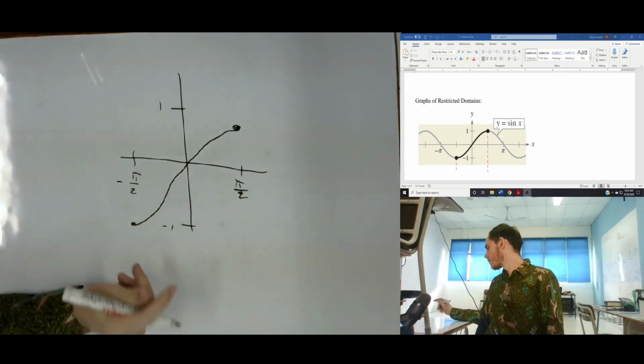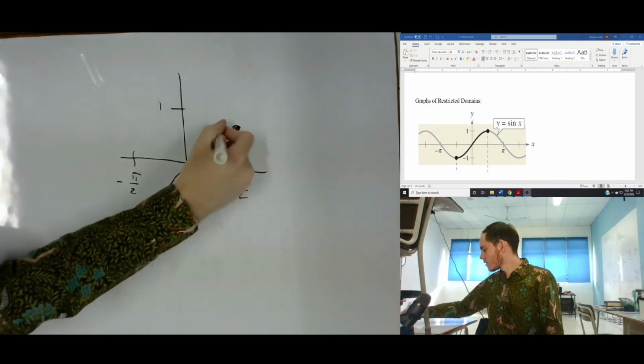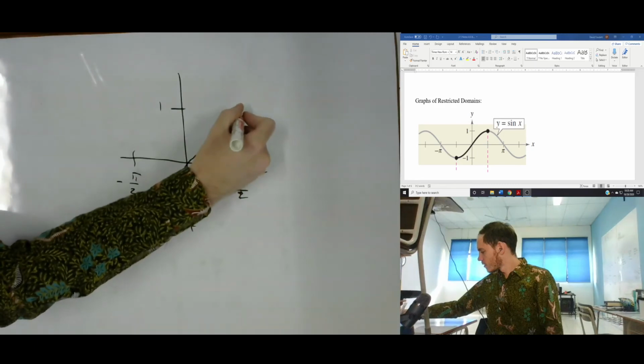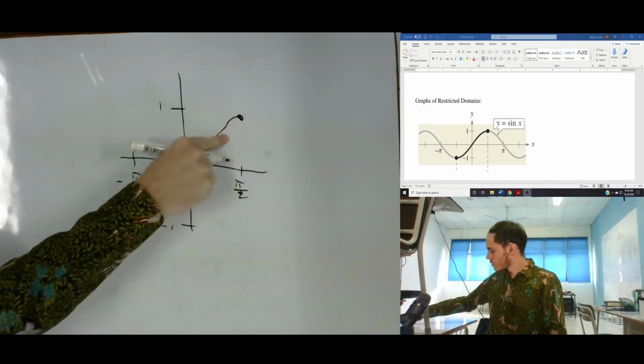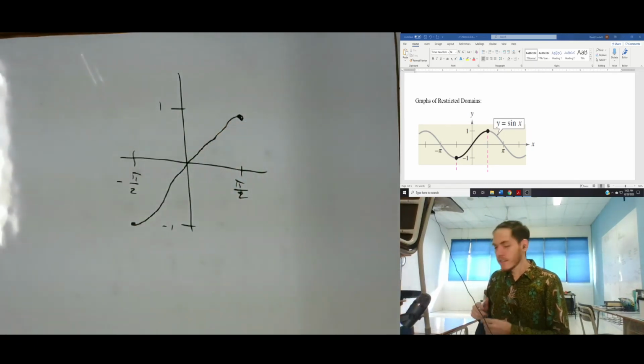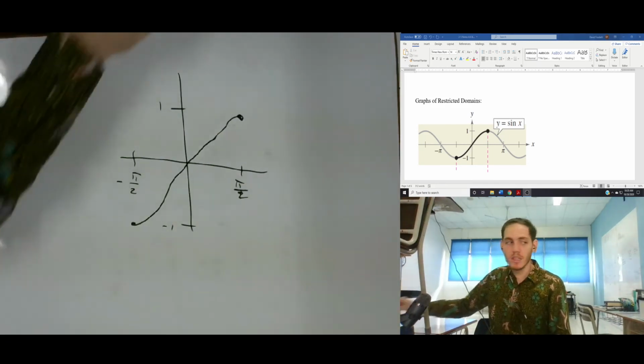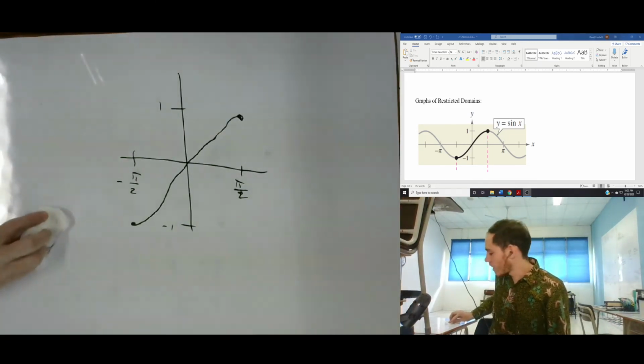Okay, something like that. It's not a beautiful graph, but it is what we can work with.